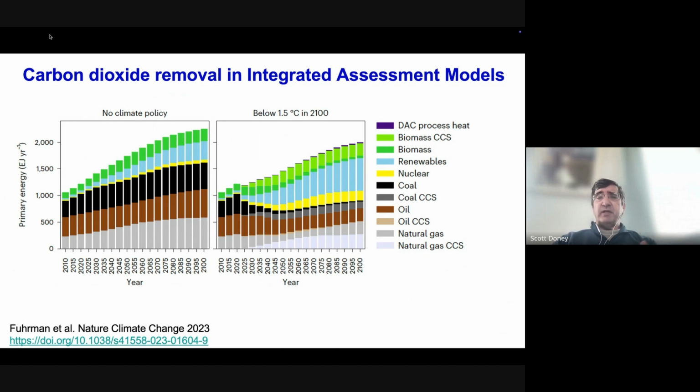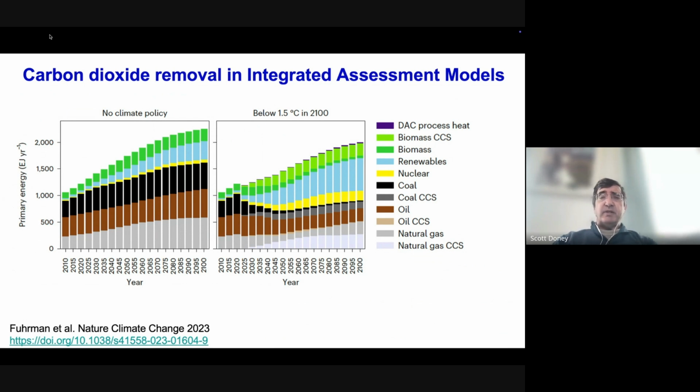And you've also expanded, for example, the light blue shows renewables. So there's a lot more renewables in the climate target. There's a lot more dependent upon nuclear fission, and a lot more of the CCS, which is carbon capture and sequestration. So there's a substantial amount of carbon capture and sequestration for both hydrocarbons, oil, gas, coal, but also for biomass fuels.